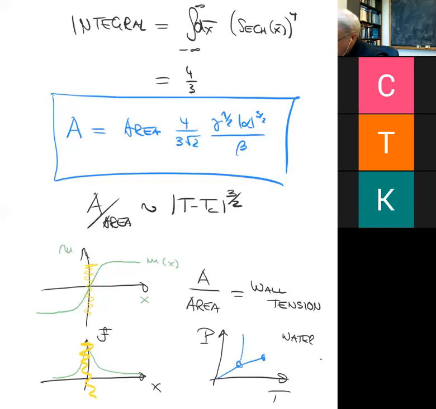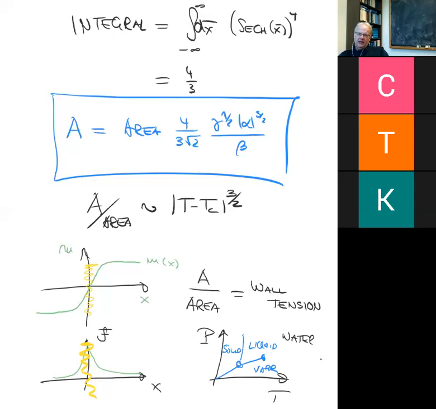This is the solid, this is the vapor, and this is the liquid. Sorry, at low pressure, at high pressure, it's the other way around. But in the vicinity of this liquid vapor endpoint, again, the symmetries of the theory are the same as the symmetries of the Ising model.